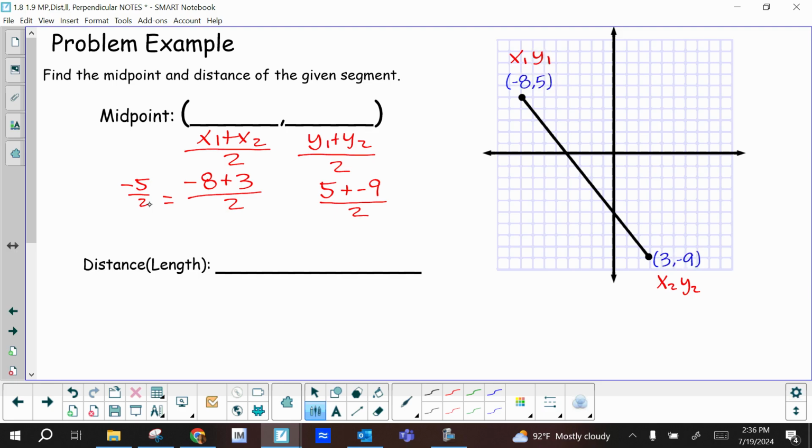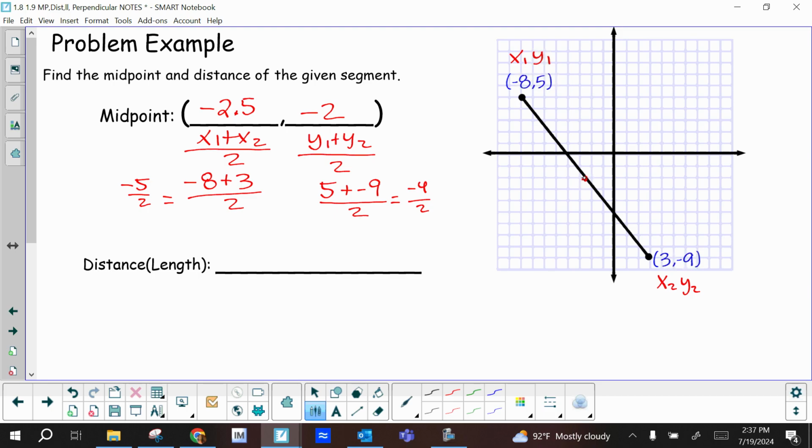Negative 5 divided by 2 is negative 2.5. If you were to leave it as a fraction, that's okay too. This one over here, 5 plus negative 9 is negative 4, divided by 2 is negative 2. So now, if we were to go graph that, let's go negative 1, 2.5, and then 2 down. There it is, perfectly right there in the middle. That's your midpoint.